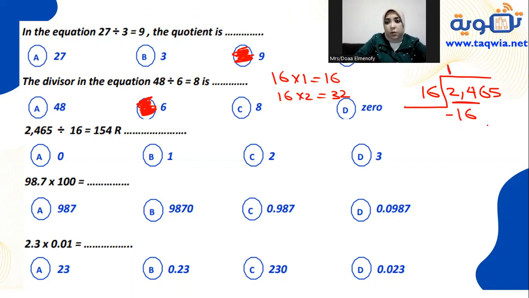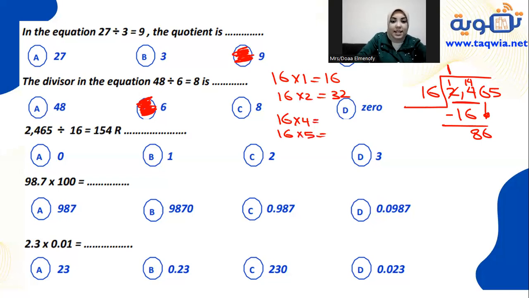Okay, and subtract. So 4 minus 6 can't be, so it's going to be 14, and this one is going to be 1. 14 minus 6 equals 8, and then we're going to bring down 6, so it's 86 divided by 16. So we already know what the number is going to be, so it's 16 by 4 and 16 by 5.